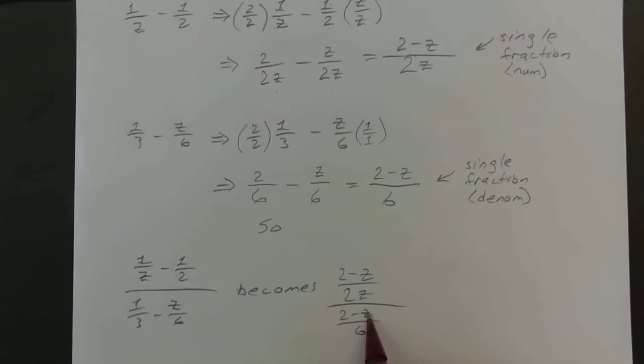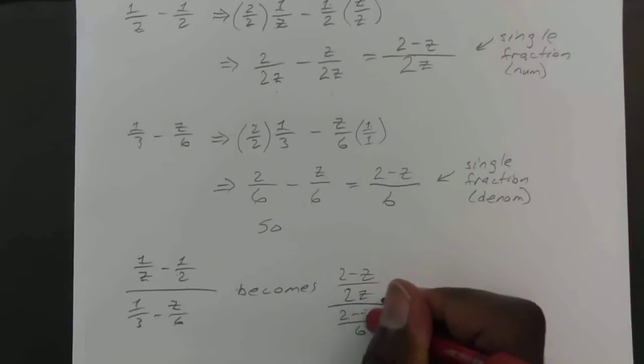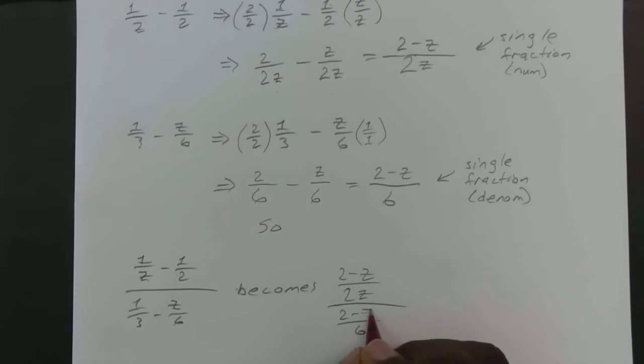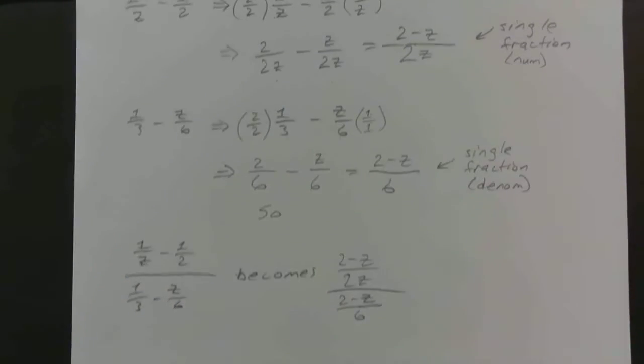Now we go to our second step, where we just rewrite it, cancel if we can, and go from there.